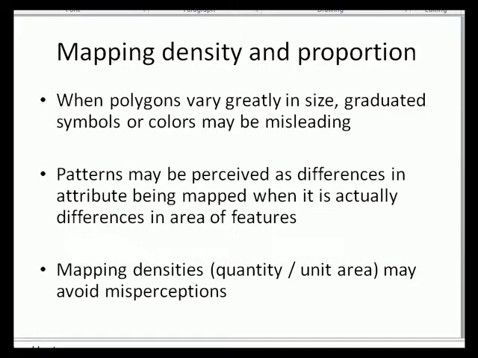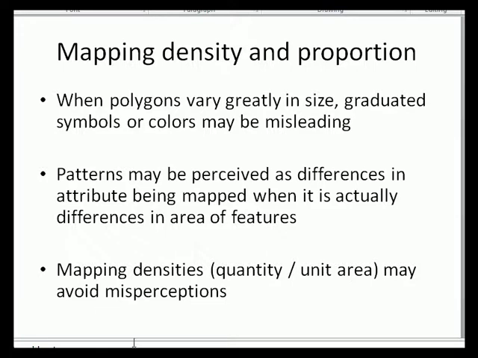So patterns may be perceived as differences in attributes being mapped when actually it's differences in the area of the features. So by mapping densities, dividing the quantity by the unit area, we can avoid misperceptions.